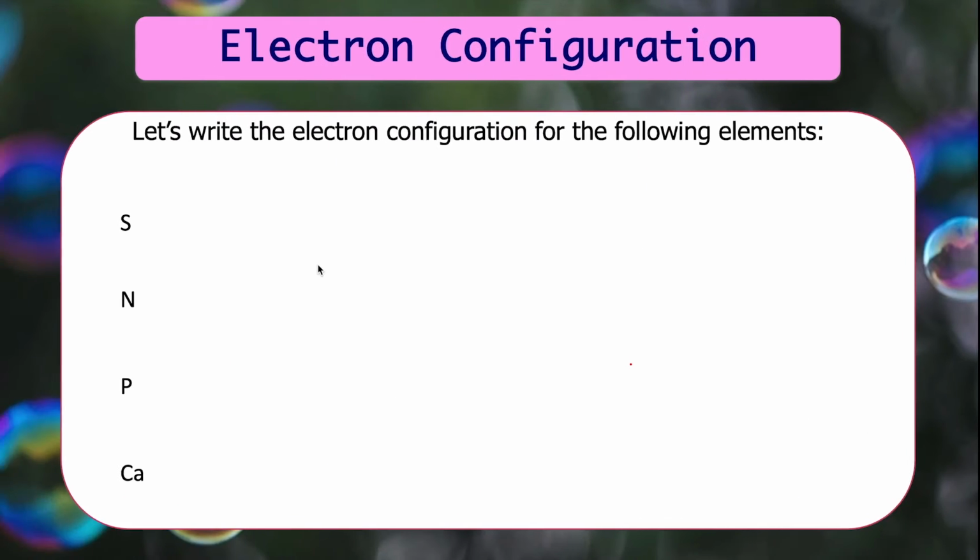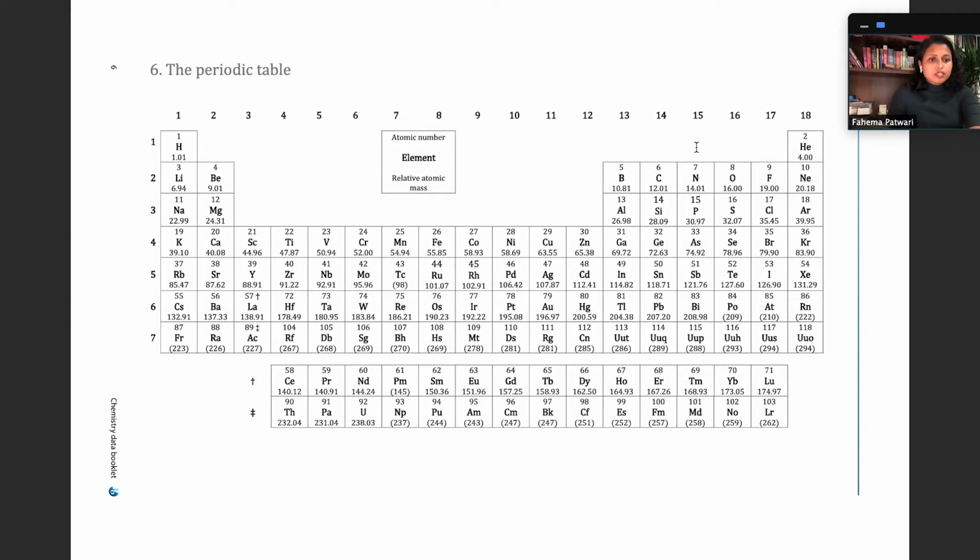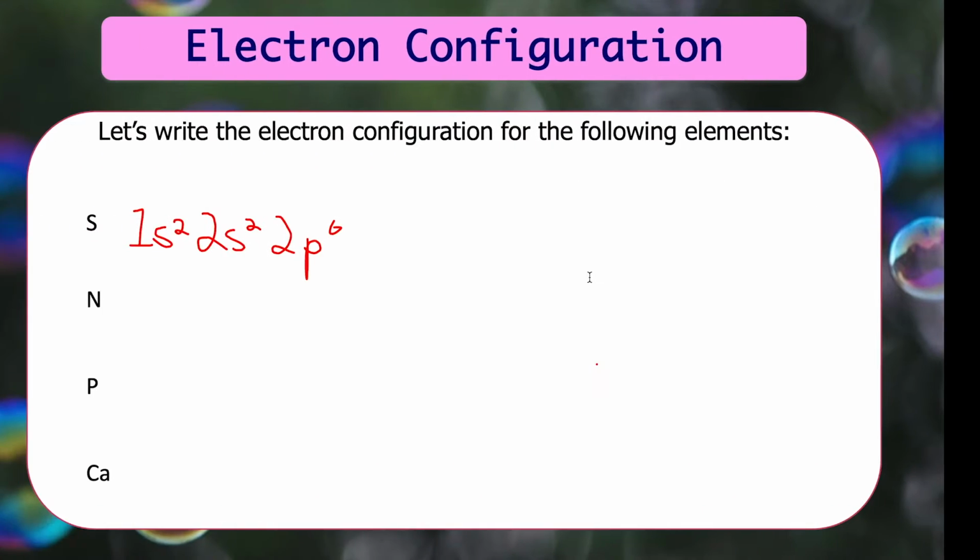So let's write that down. 1s, fill it up. 2s, fill it up. 2p, fill it up with 6. And then after that is 3s2, and then 3p4.